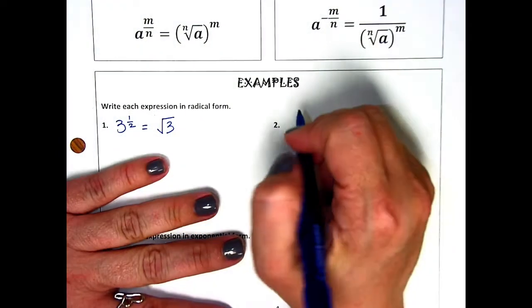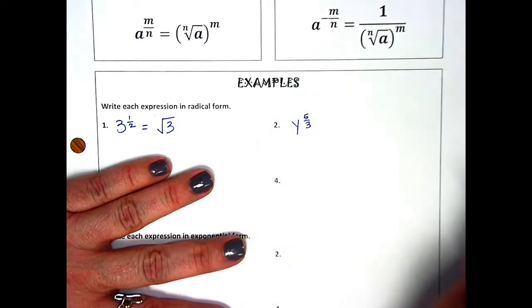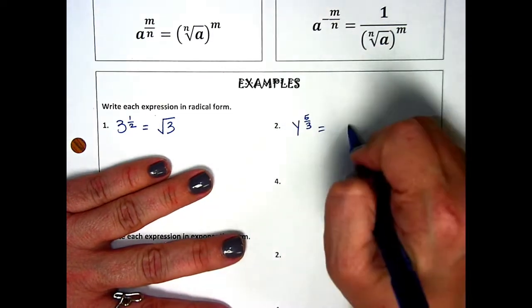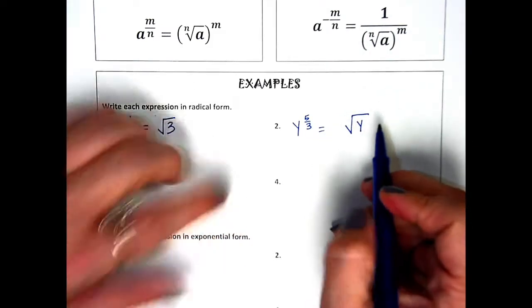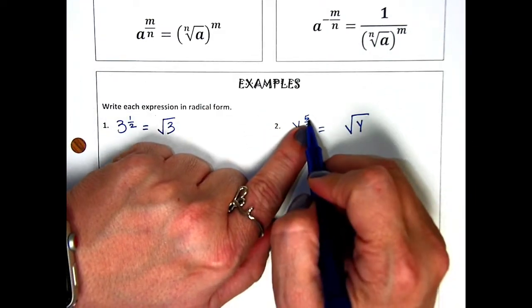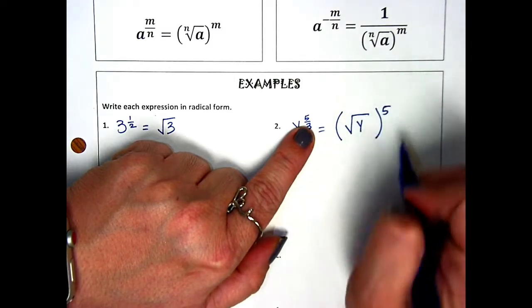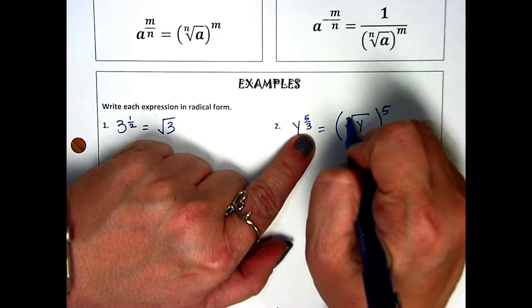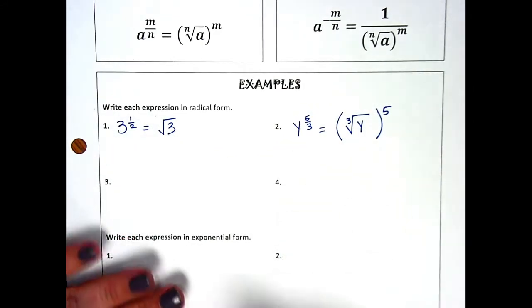Number 2, I have y to the 5/3 power. So I'm going to start by putting the y under the radical sign. The top number is what we're raising it to, so it's to the 5th power, and the bottom number is the index. So it's the cube root of y to the 5th power.